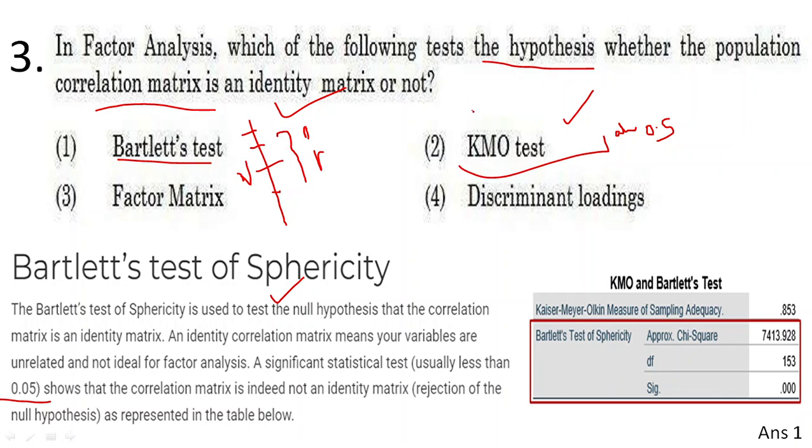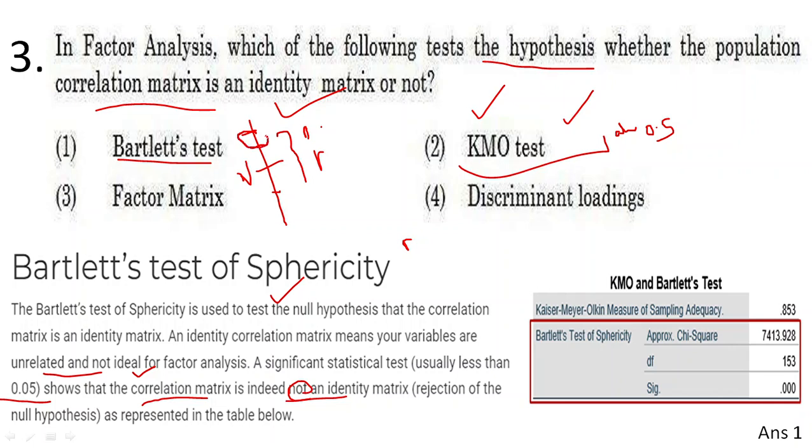So KMO tests for the adequacy of the sample, and Bartlett's test checks whether the population correlation matrix is an identity matrix or not. Identity matrix basically means your variables are unrelated, and not ideal for factor analysis, because in factor analysis you are reducing the n number of variables into a few factors based on some covariance.